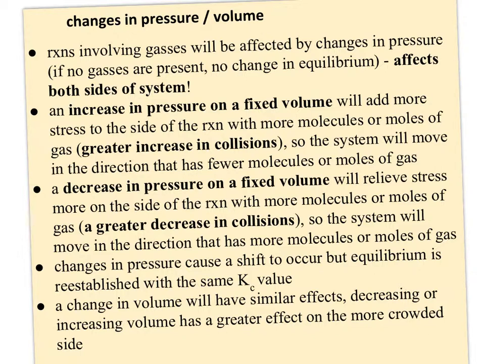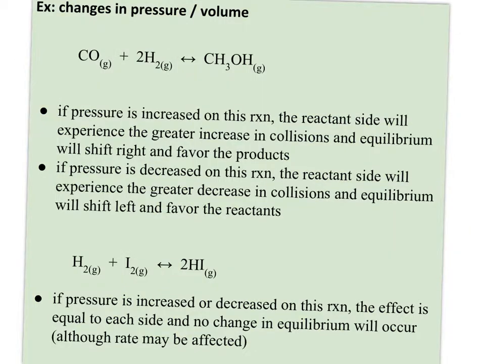If you decrease the pressure, same thing. It's going to have a greater effect. So you're going to see a greater decrease in collisions on that more crowded side. So the system will move in the direction that has more molecules or more moles of gas because it had the greater decrease.